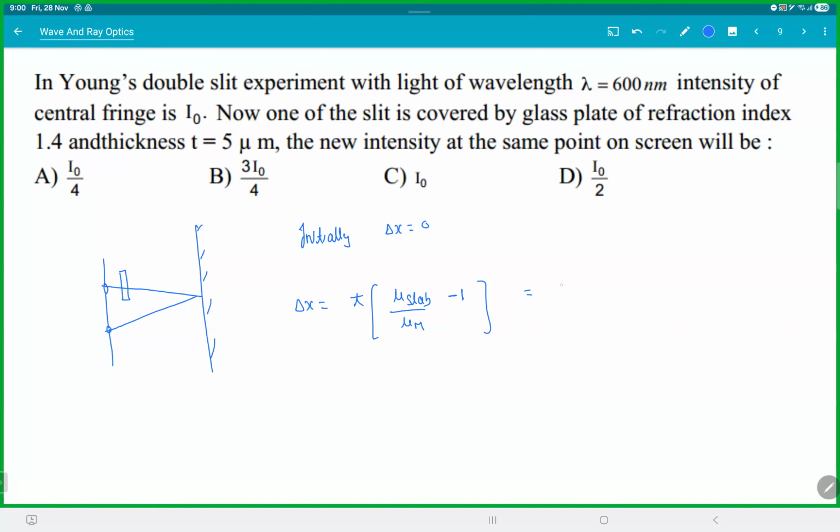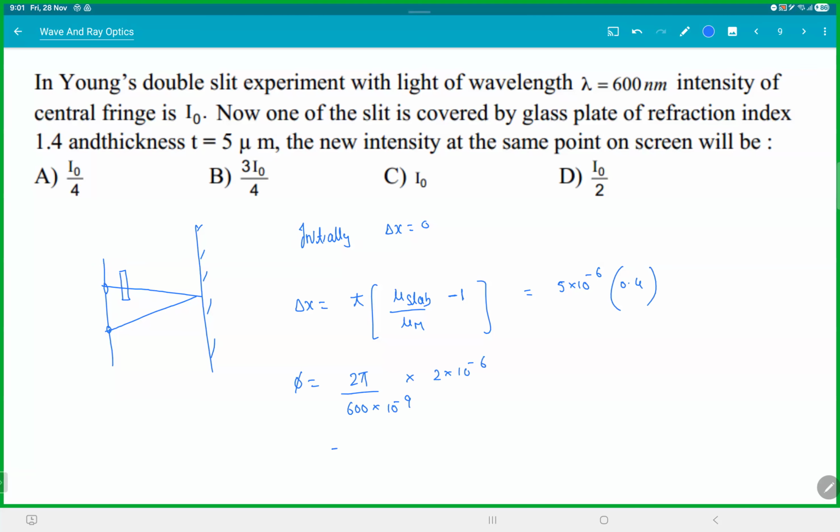So T will be 5 micrometer, that is 5 into 10 power minus 6, and the mu slab is 1.4 minus 1, that is 0.4. So the phase angle will be 2 pi by lambda, which is 600 nanometers, that is 6 into 10 power minus 7, times 2 into 10 power minus 6.